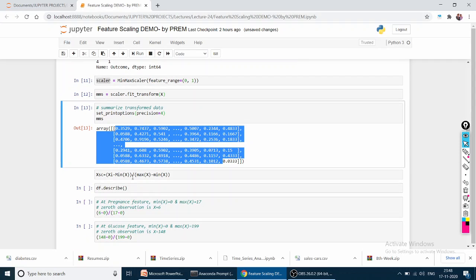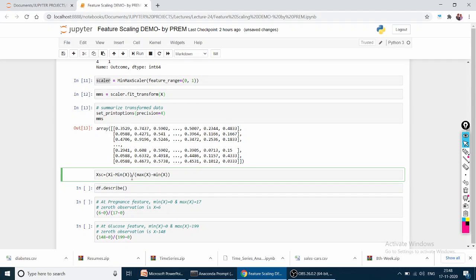How can we convert it? Let's see the formula. The formula is X new equals Xi minus minimum of X, divided by maximum of X minus minimum of X.